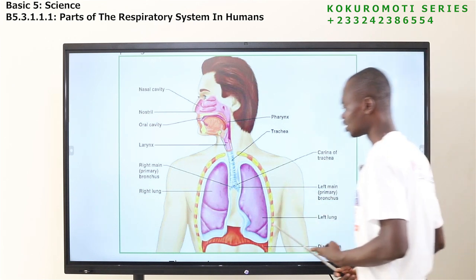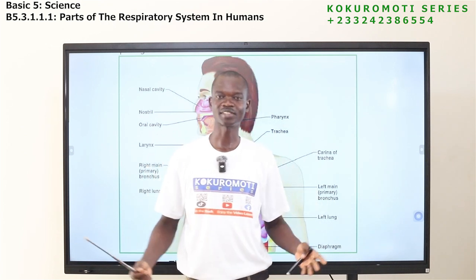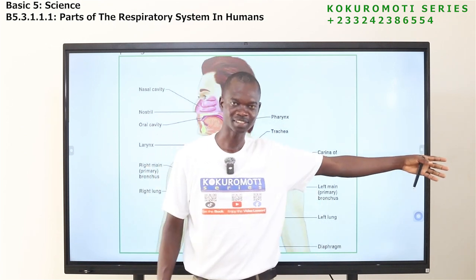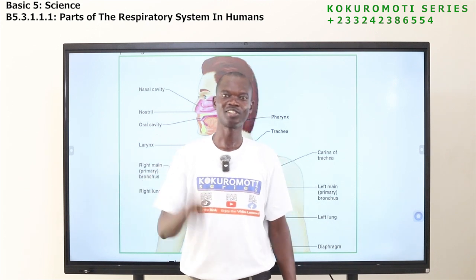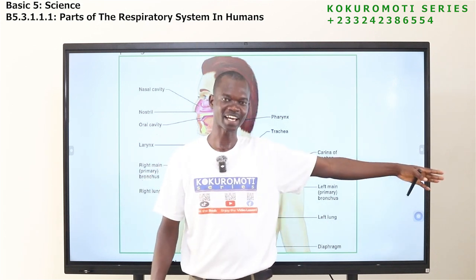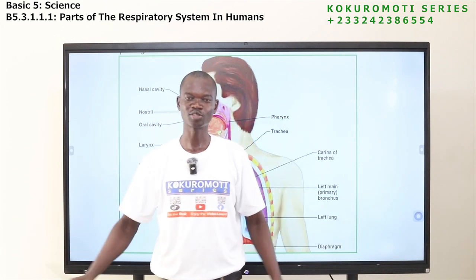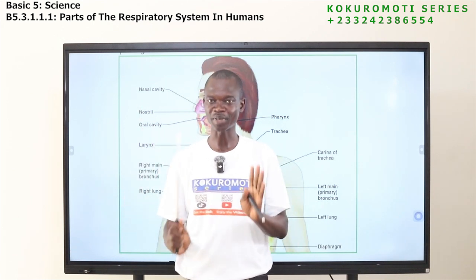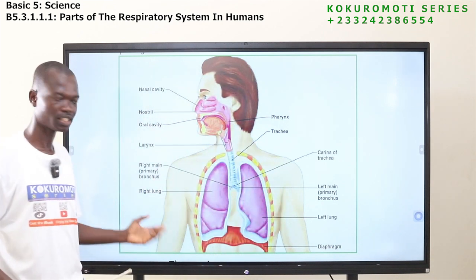So right now, let's say I'm facing you. This is my left side. This is my right side. But your right side is my left side, and your left side is my right side. So don't look at it from your own perspective. Look at it from the position of the image here.